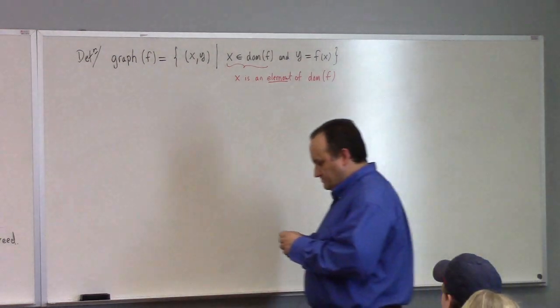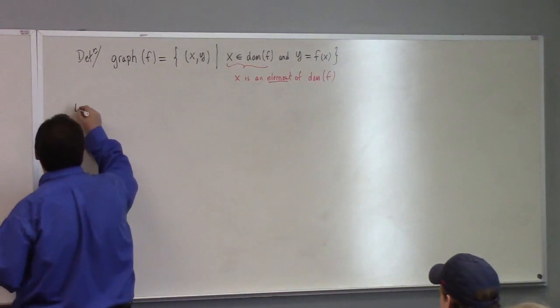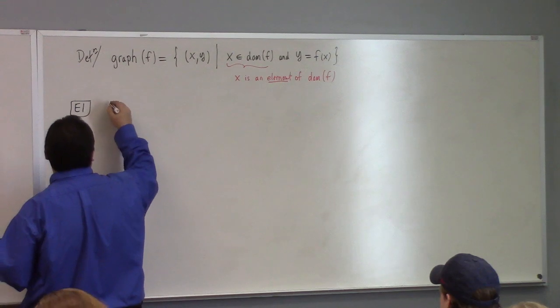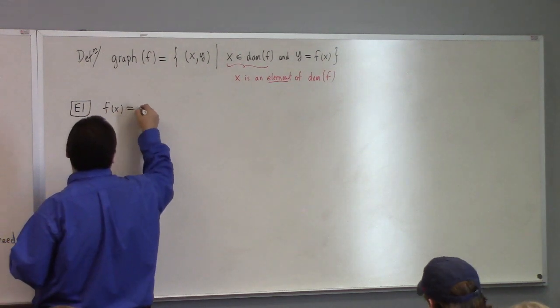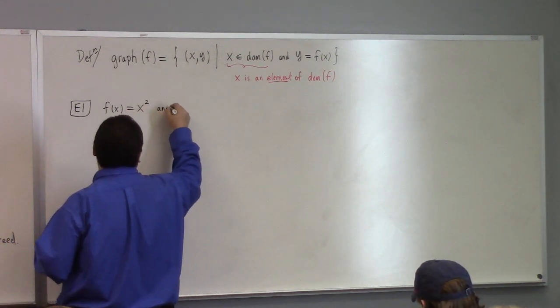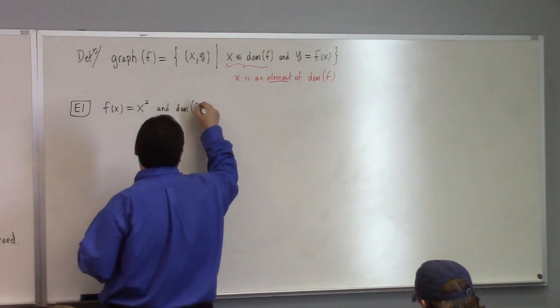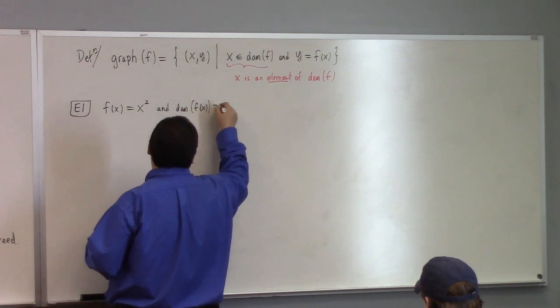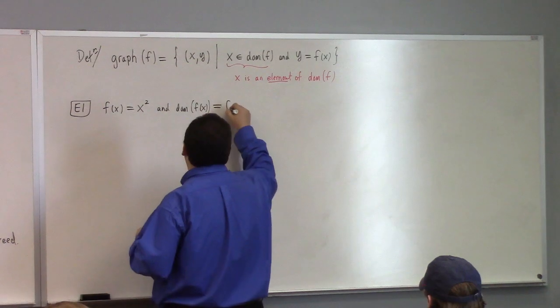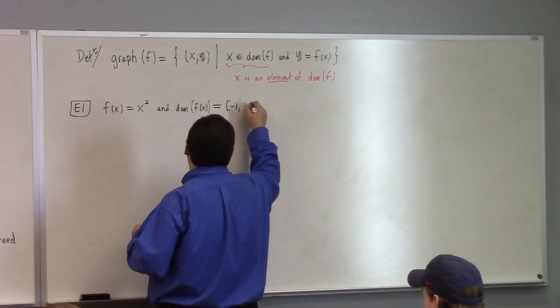So example 1. Let's suppose that f of x is equal to x squared, and the domain of f of x is given to be -1 to 2.